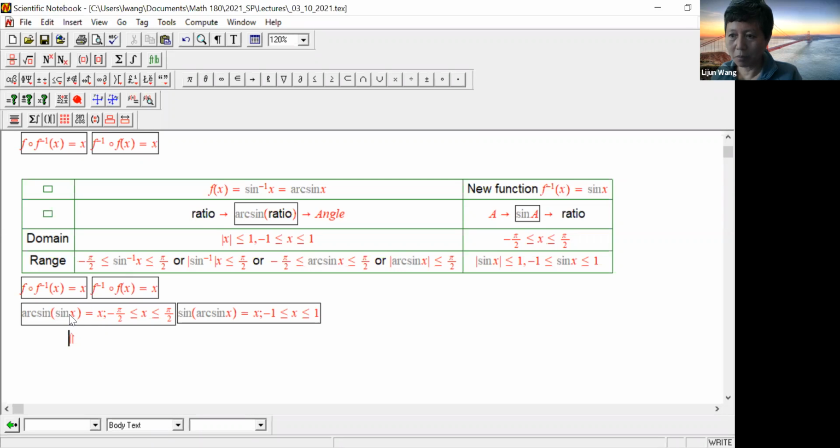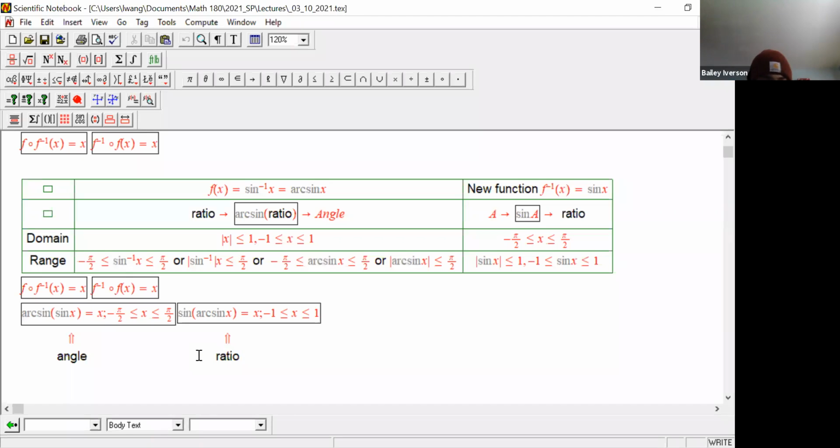Sine is applied to x, and that x has to be what? Angle. How about this other input? What's the nature of this input? Ratio. It's the ratio. That's right.